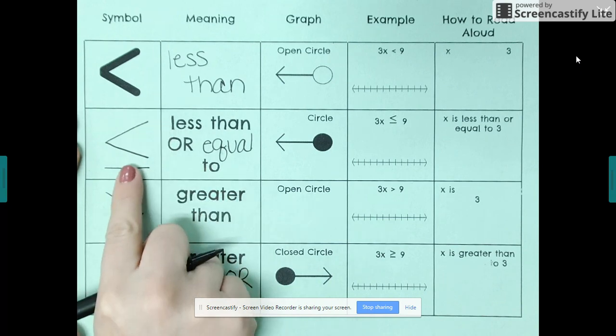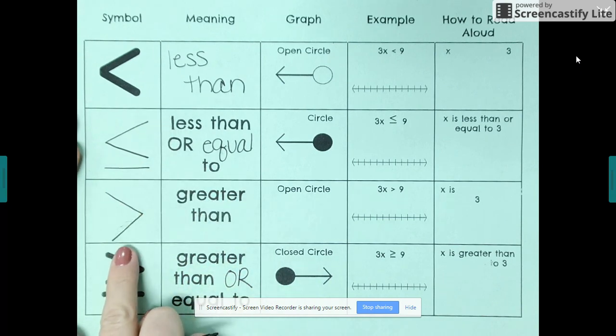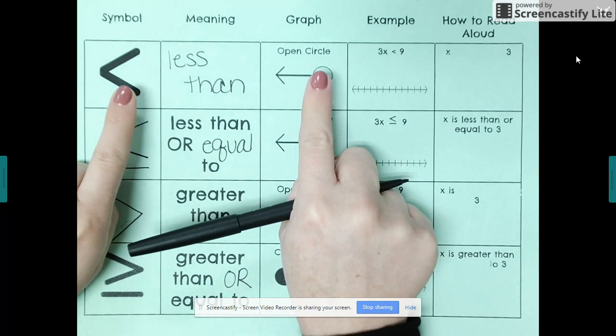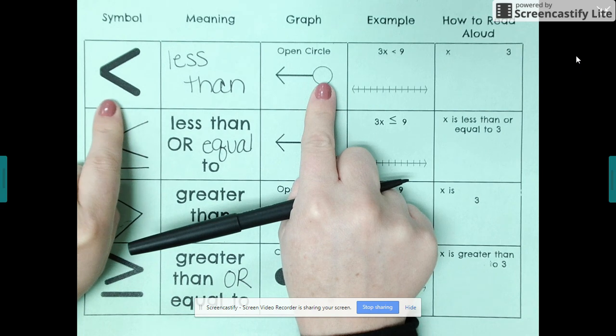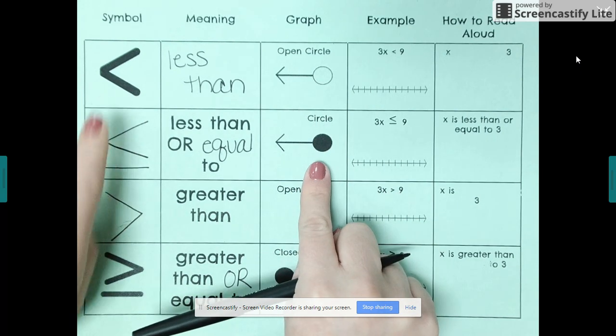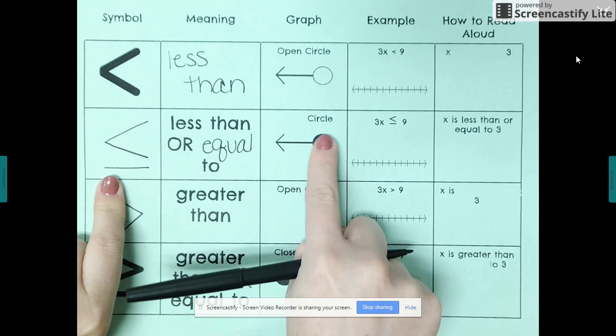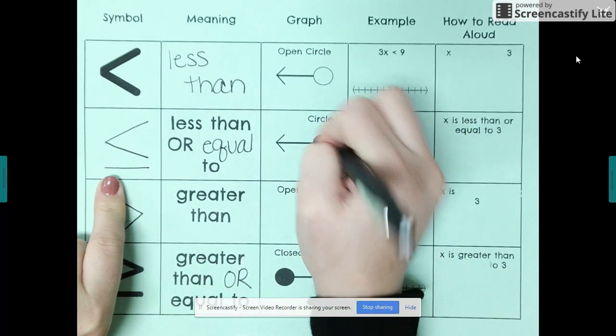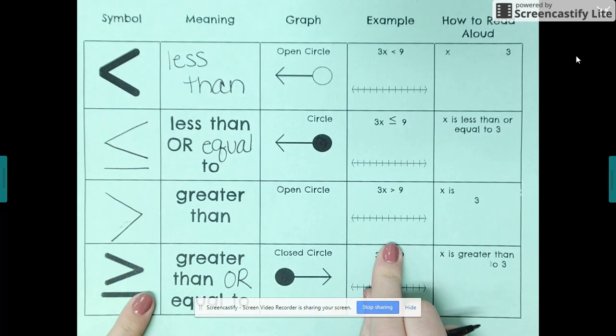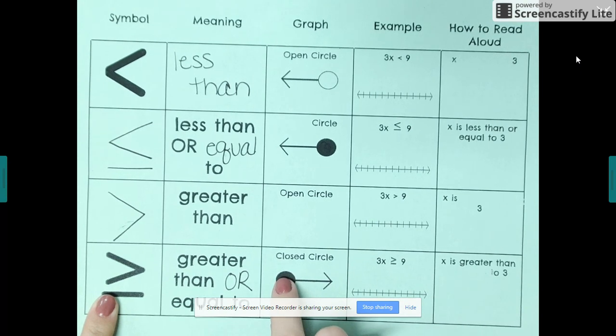So less than or equal to, greater than or equal to. Now, if you can look, the ones that have an open circle have no line underneath. When they have a line underneath, it has the filled in circle, just like this one. Line underneath, filled in circle.